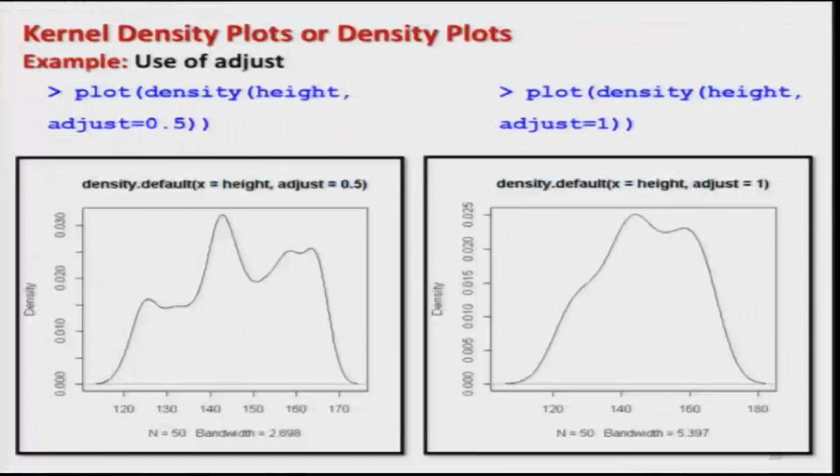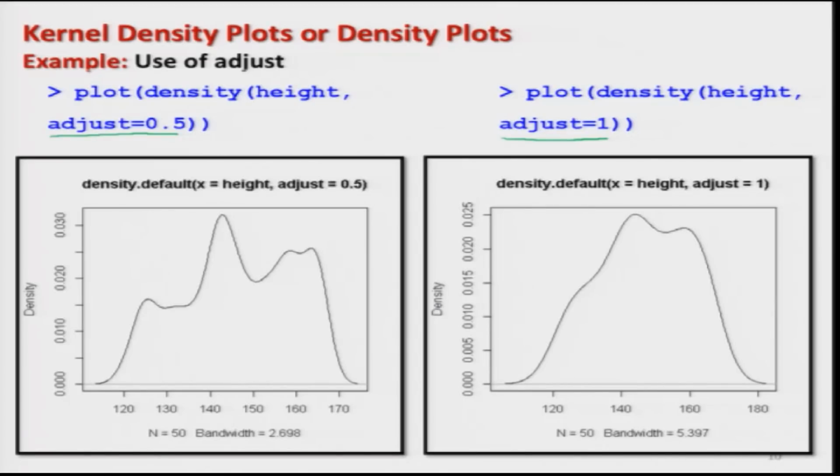Now, I will show you one more aspect. You can adjust these kernel density plots using the command adjust. This adjust is a parameter that takes a numerical value, and the number of bins or the structure of the curve is controlled by this adjust parameter. For the sake of understanding, I am taking two possible values of adjust, 0.5 and adjust equal to 1, and then I plot the same data using the same command.